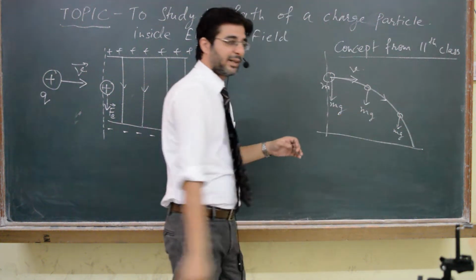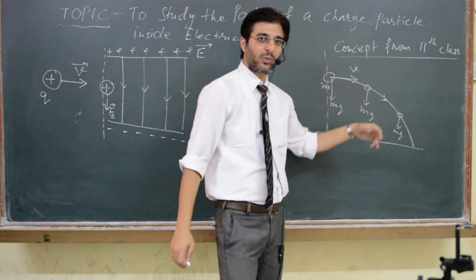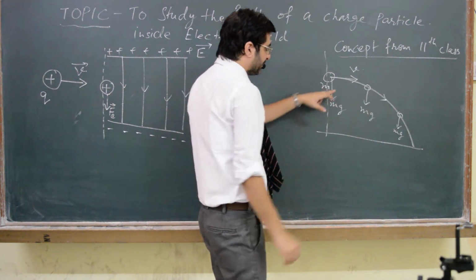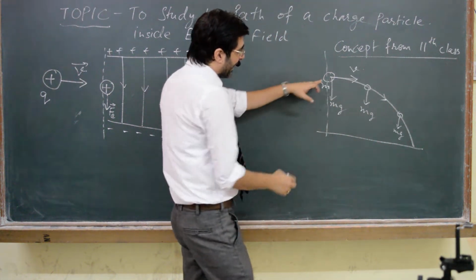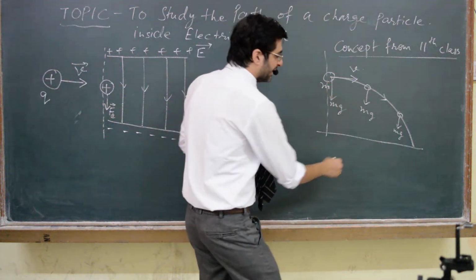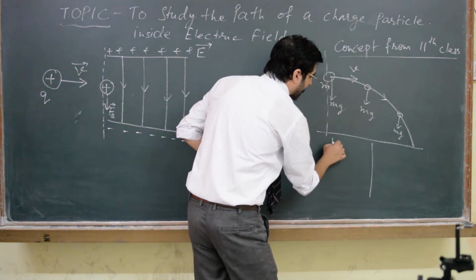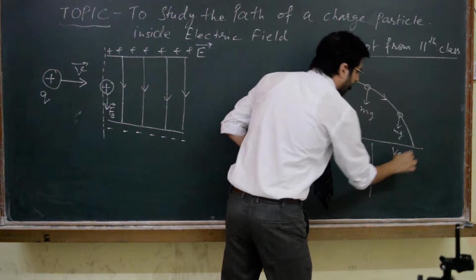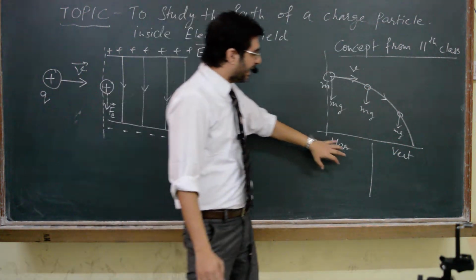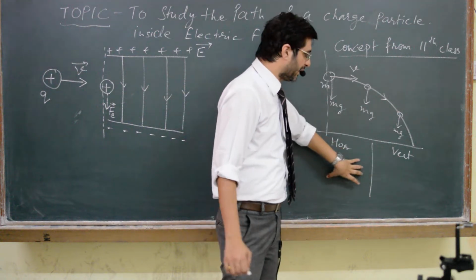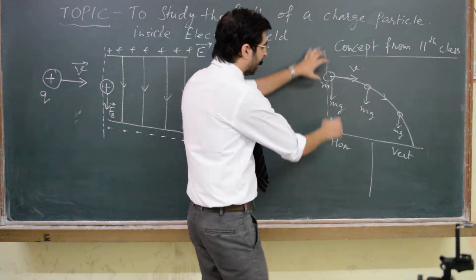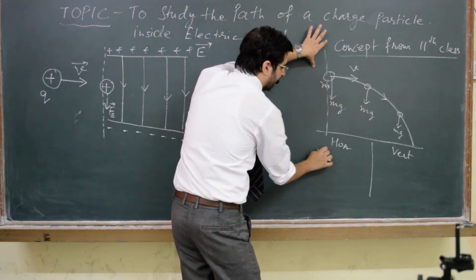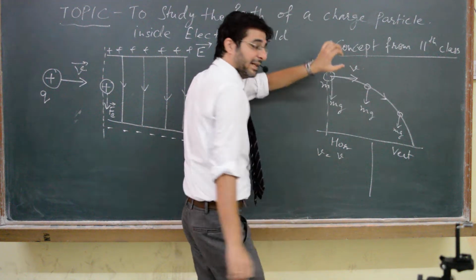A force is acting on this particle in the downward direction. Fine. So now, how have we done this? Any two-dimensional motion, we divide into two parts, horizontal and vertical. Horizontally, the velocity of this particle is v.